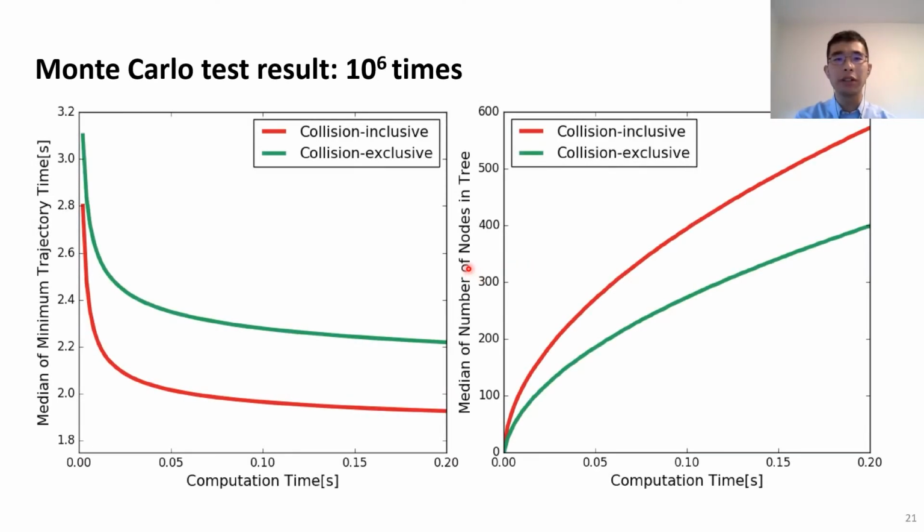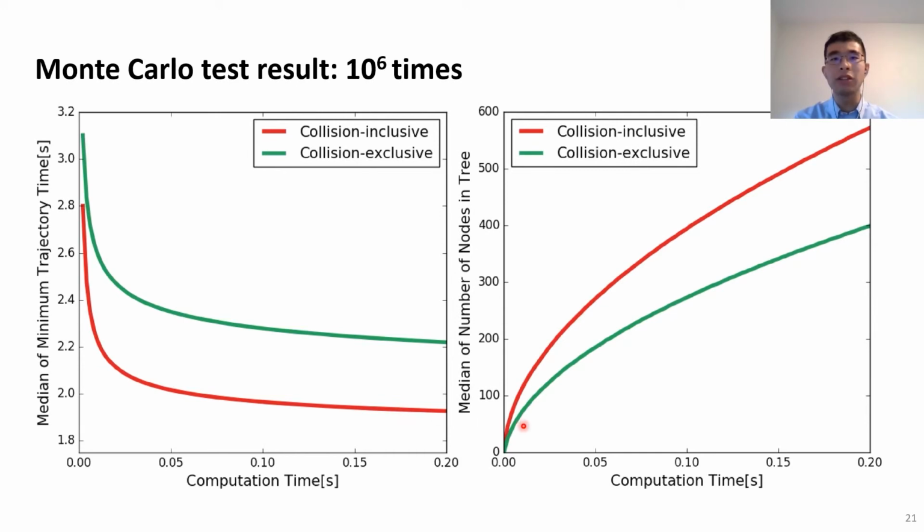We did a Monte Carlo test by running this planning experiment 1 million times and plotted the mean trajectory time against the computation time. We find a collision-inclusive planner can find a faster trajectory here with less computation time.